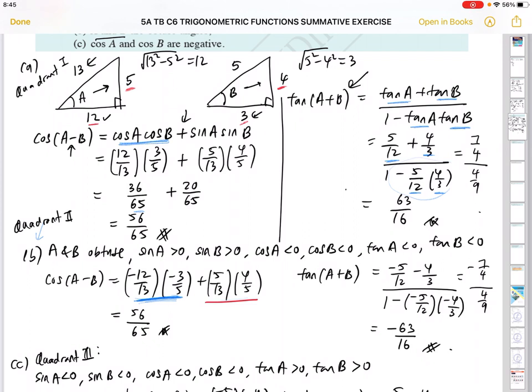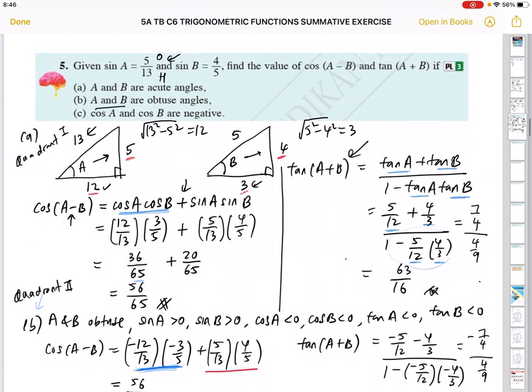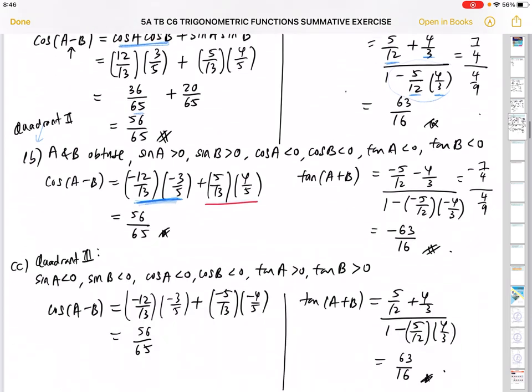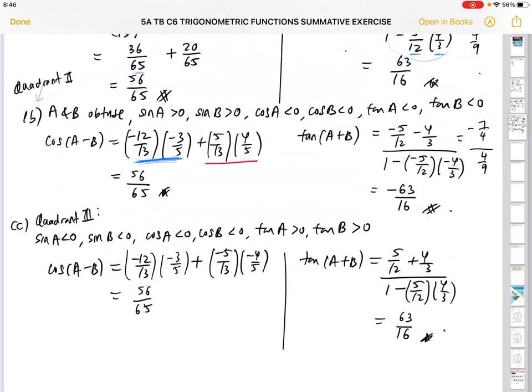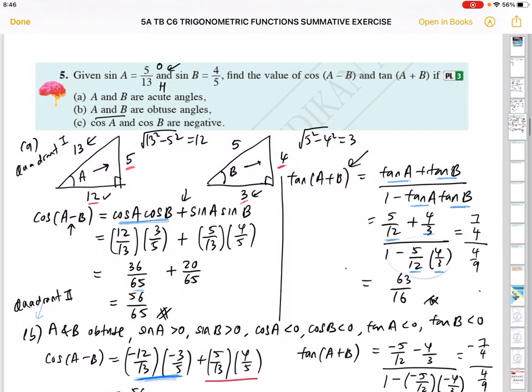The first one I got negative if it's in quadrant 2, but if it's in quadrant 3, then it will be positive. So this one is a bit tricky because you have two answers. Because they say cos A and cos B are negative, that means it can be quadrant 2 or quadrant 3. We don't know, so that's the problem with this question. You got two possible answers.